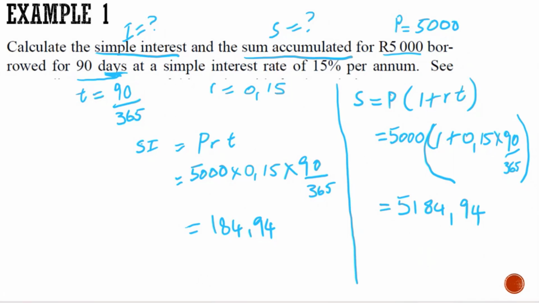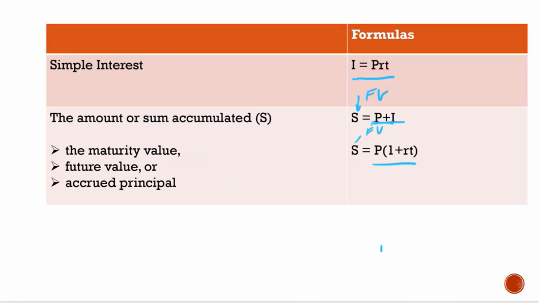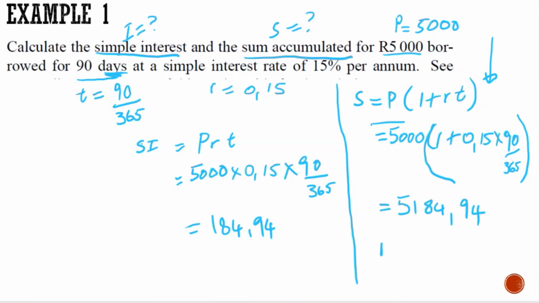Okay, so you've got your sum accumulated, and you've got your simple interest there. Sometimes you will start with this calculation. If you started with this calculation, remember, going back to your formulas, your accumulated amount is P plus I. That's another way you can say it. So if I've got 5184,94, that is equal to my principal 5,000 plus I. You did not have to start with the simple interest.